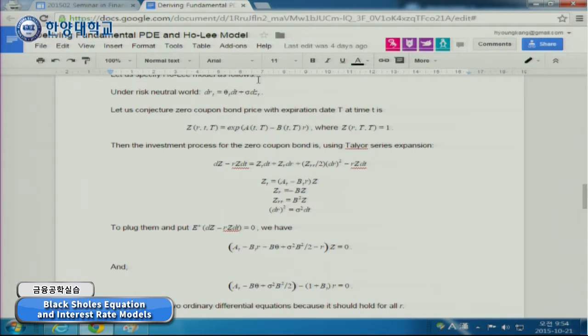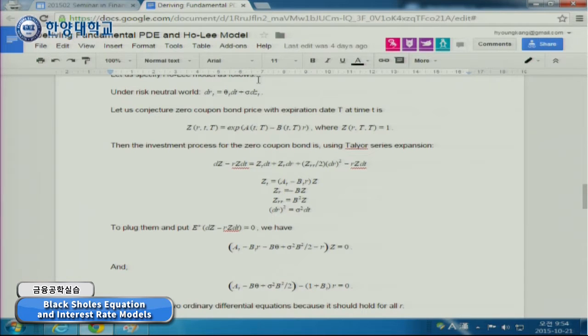So let's denote that pure discount bond as Z(r, t, T). Again, at time small t, you are interested in the value of a contract that pays $1 at time big T. And obviously that should be a function of the interest rate, so we put r in the function.